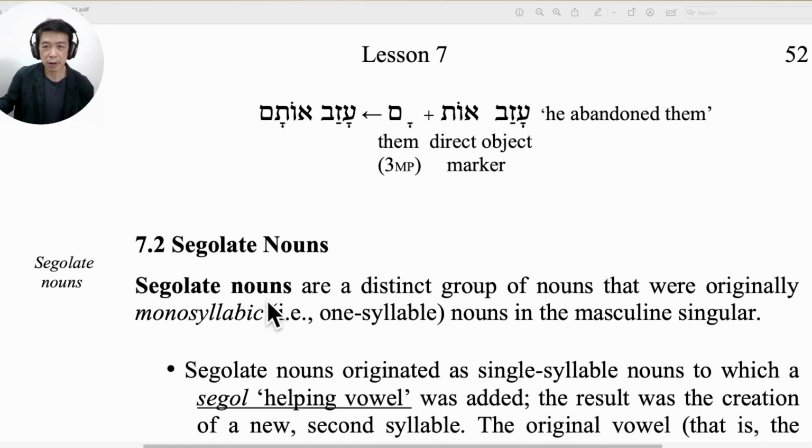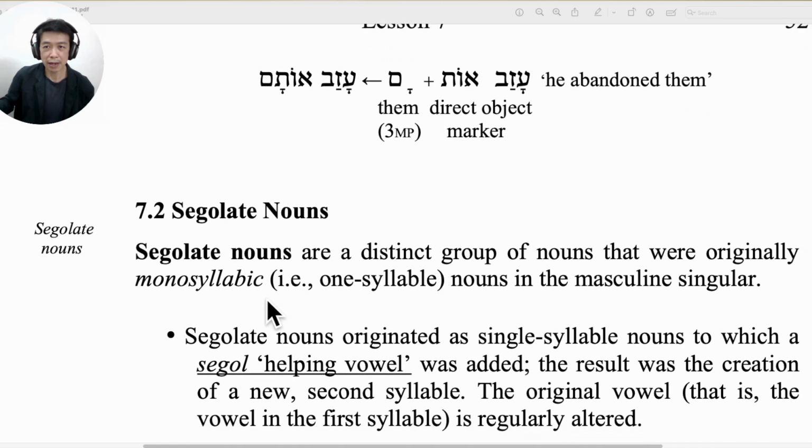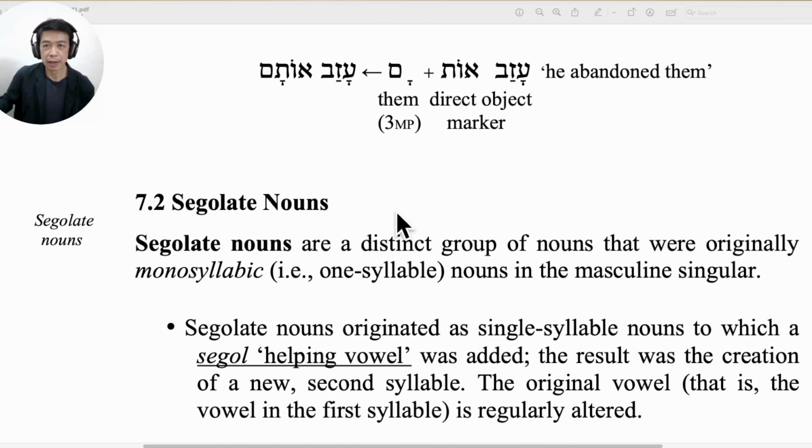For the next example, he abandoned them. It's constructed from these words. He abandoned is azav. Then this aleph, tav over here is a direct object marker.